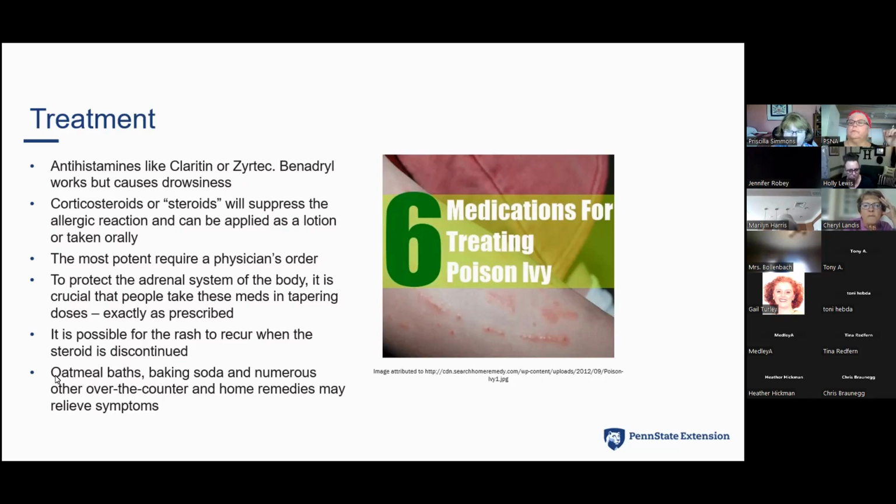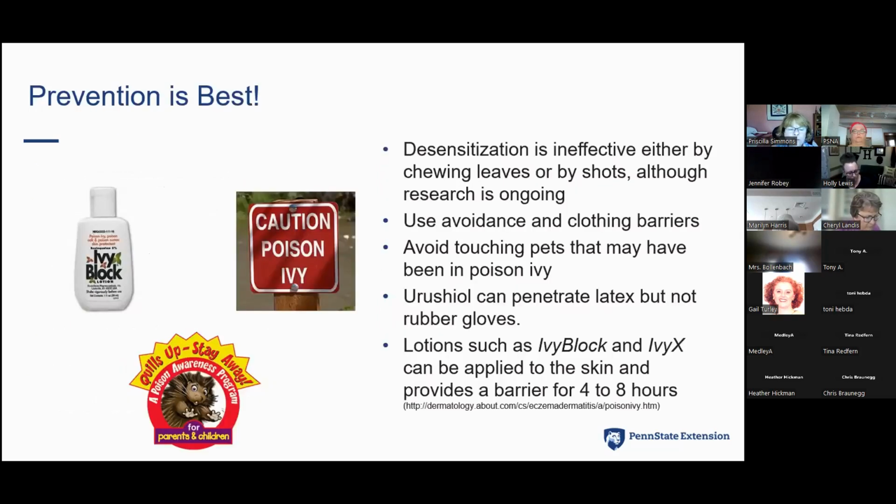You will hear other remedies: oatmeal baths, baking soda, numerous over-the-counter remedies, and home remedies may be very useful and may provide a soothing effect. Obviously, prevention is best.